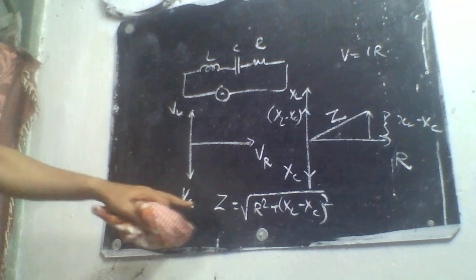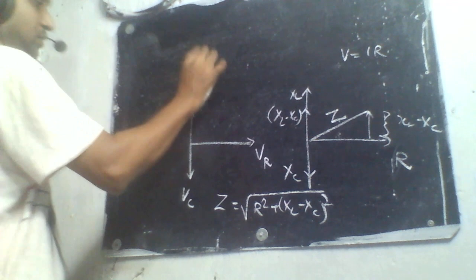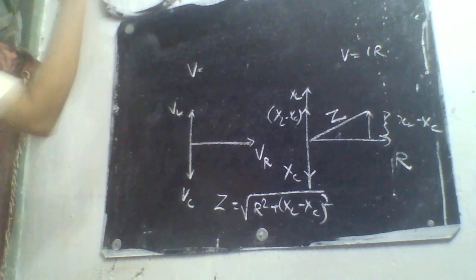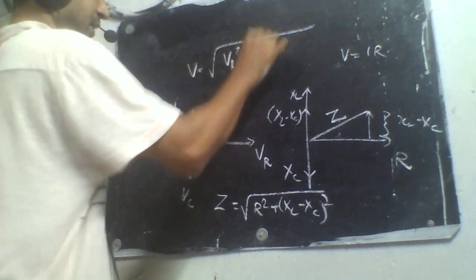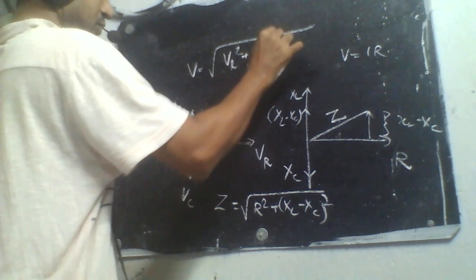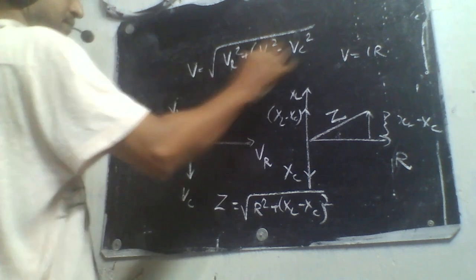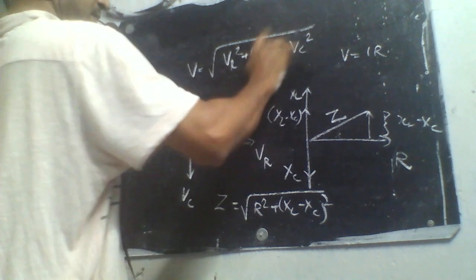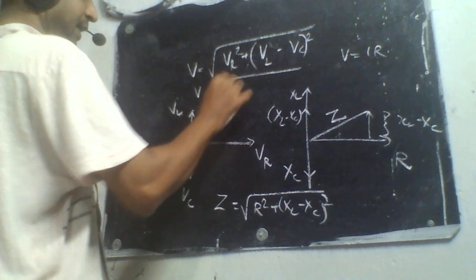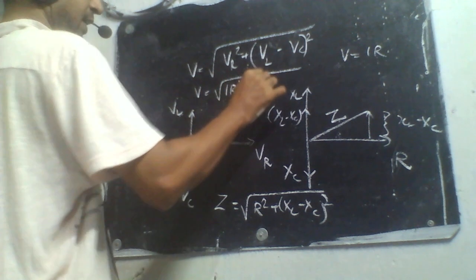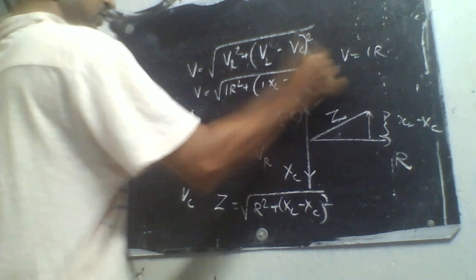Similarly, you can write the equation for voltage also. The net V is equal to the root of the voltage across the resistor squared plus the voltage across the inductor minus the voltage across the capacitor, the whole squared. So you can write V is equal to root of I times R squared plus I times XL minus I times XC the whole squared.